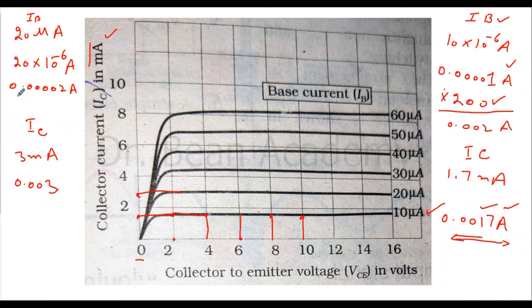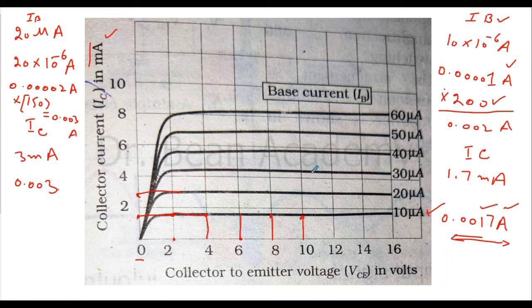So if you multiply this IB, 0.00002 ampere, with 150, you get 0.003 ampere. So you see, the amplification is now 150 times. You are getting amplification 150 times the base current.